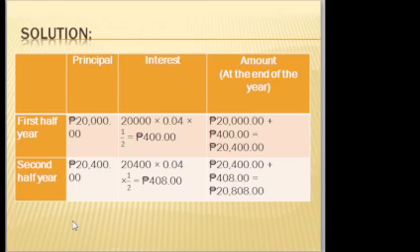So we have 20,400 as our principal, and to get the interest, we have 20,400 times 0.04 times 1/2 is equal to 408 pesos. So 20,400 plus 408 is equal to 20,808 pesos.